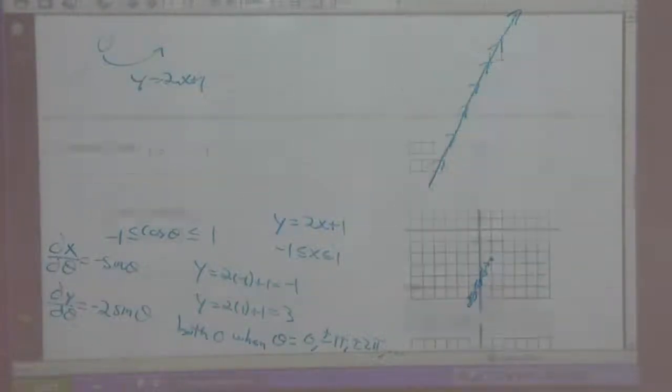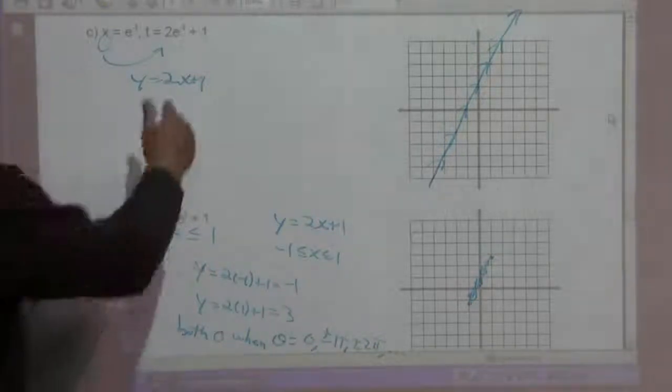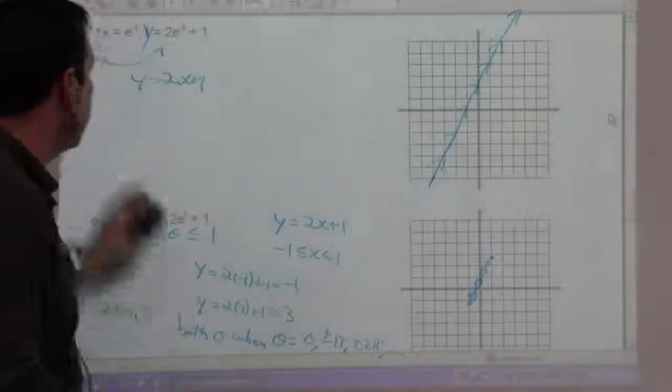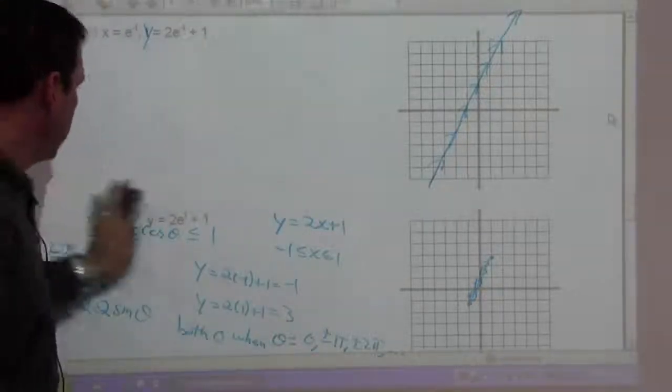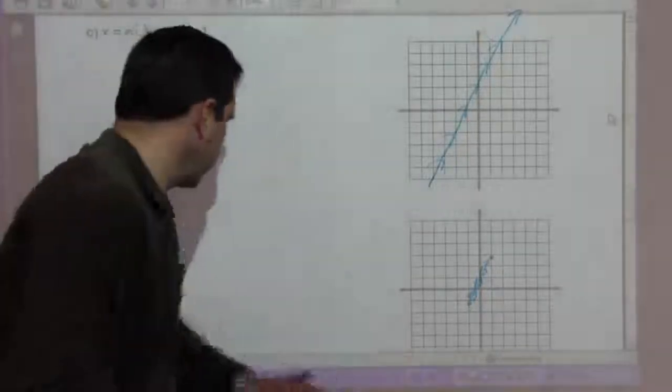Okay, next one, x equals e to the negative t, and y equals 2e to the negative t plus 1.